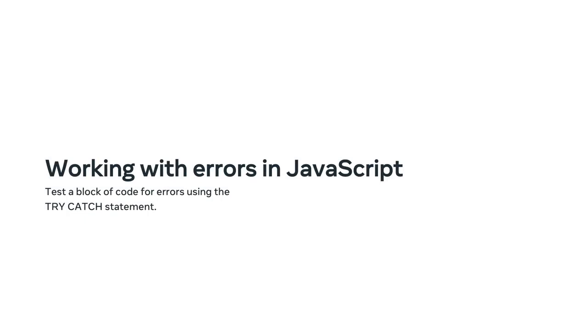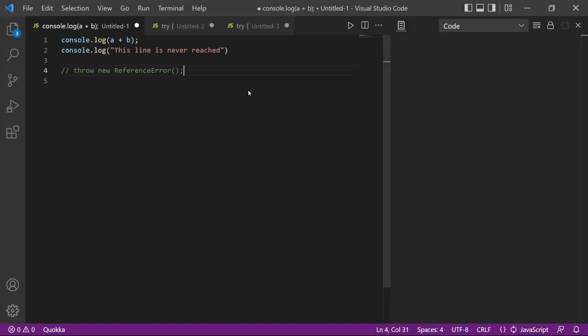Let's define a block of code to be tested for errors using the try-catch statement. Okay, so I have Visual Studio Code open and a JavaScript file with some sample code. If I was to run this code now, it would return an error and stop working. This is because the first line uses a console log to output a plus b, but these variables are not declared anywhere.